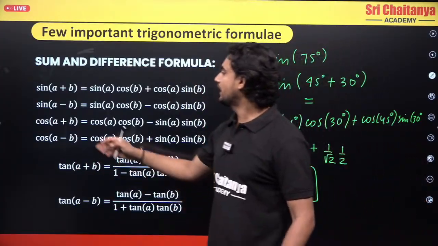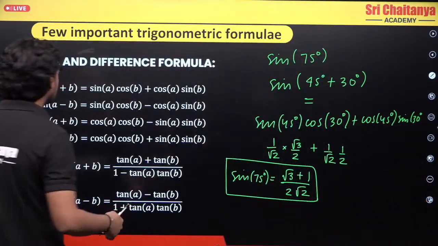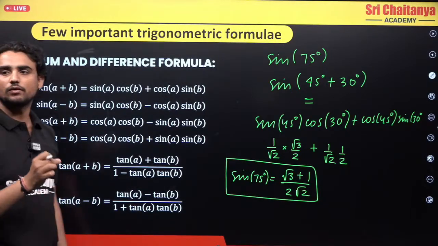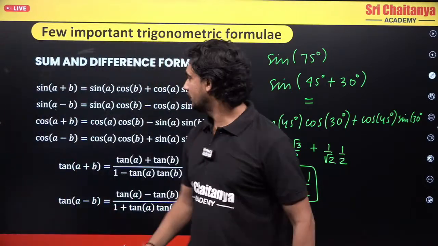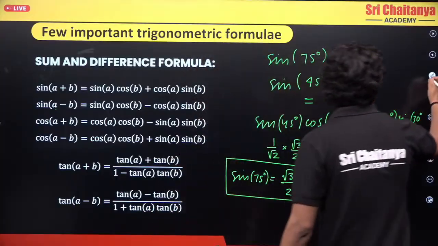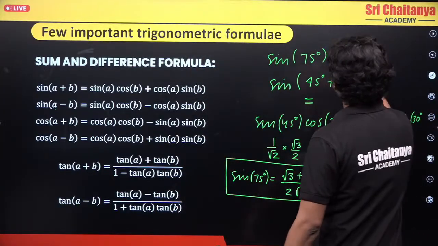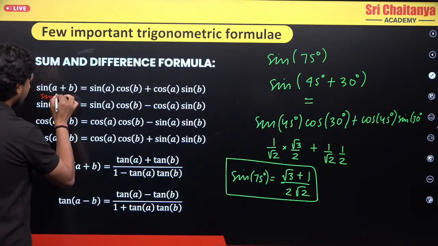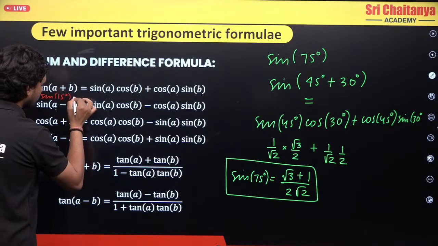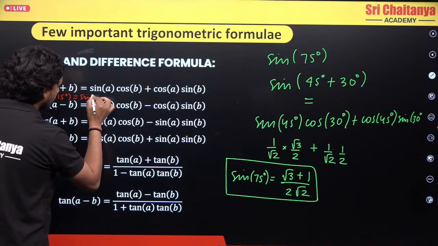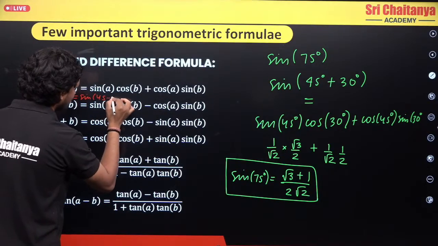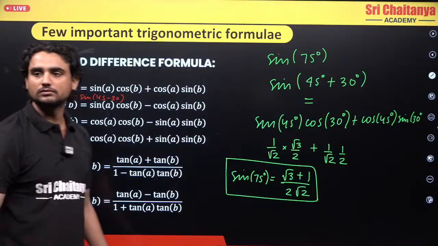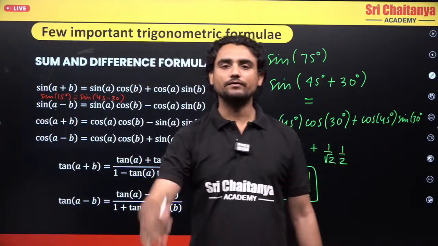So I hope you understand the importance of these sum and difference formulas. Let's suppose I want to calculate sine 15. I can write sine 15 as sine of 45 minus 30, sine A minus B. I will be easily able to calculate sine 15.